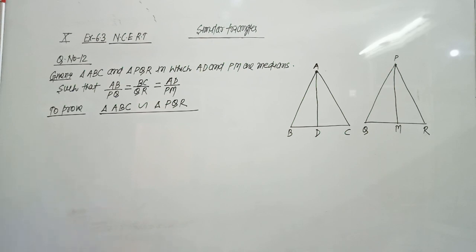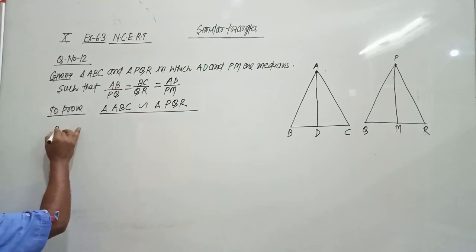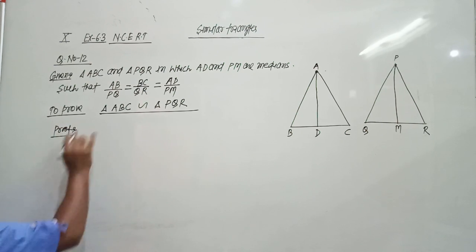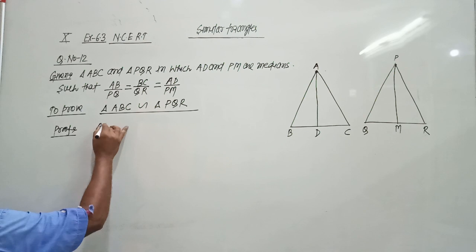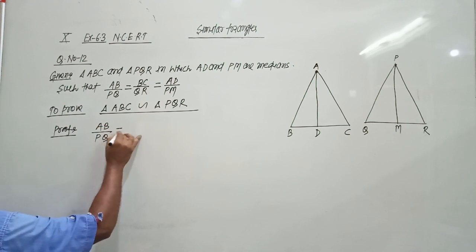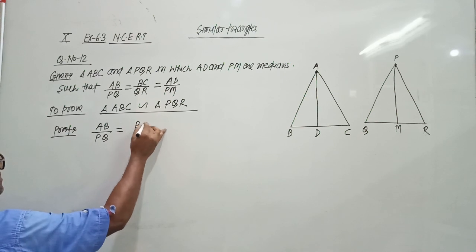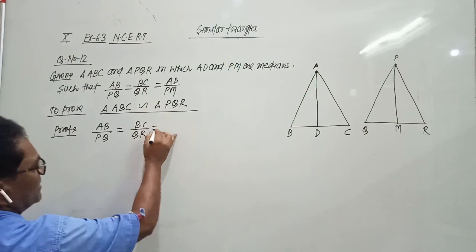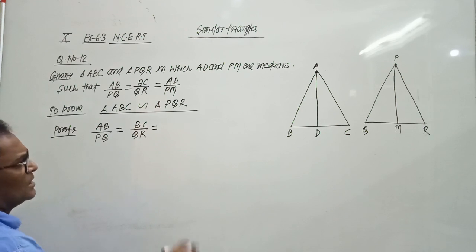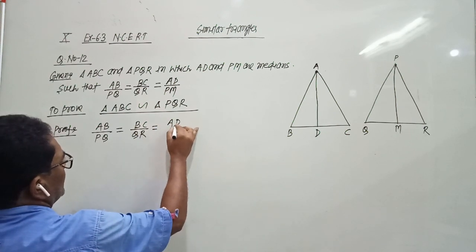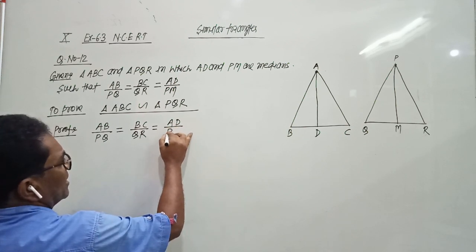So proof, we have given AB upon PQ equals BC upon QR equals AD upon PM.